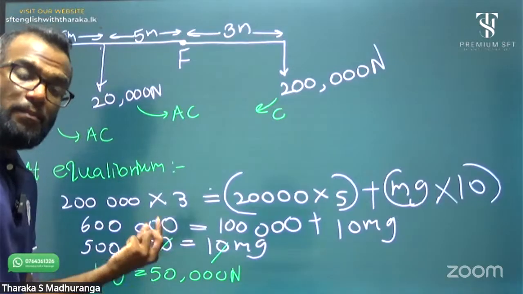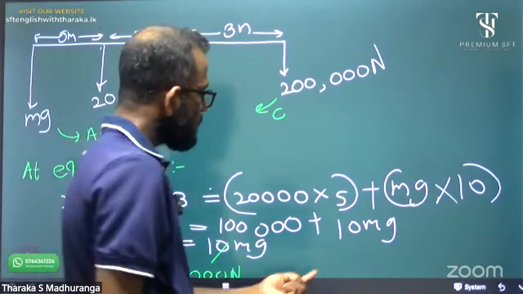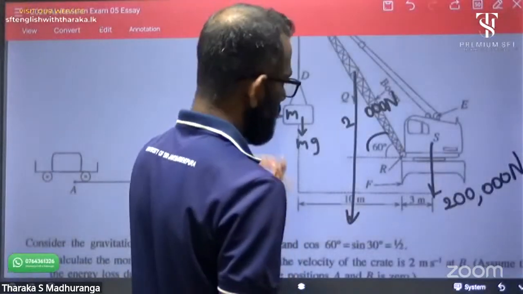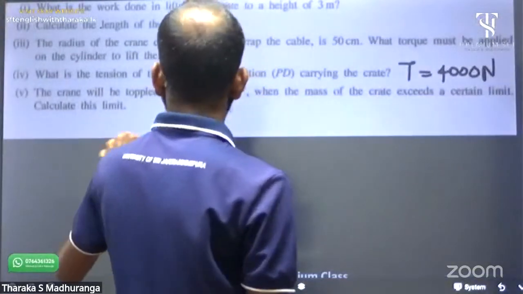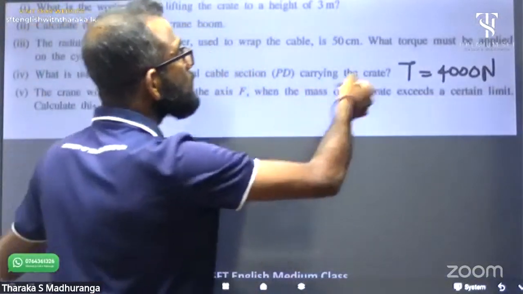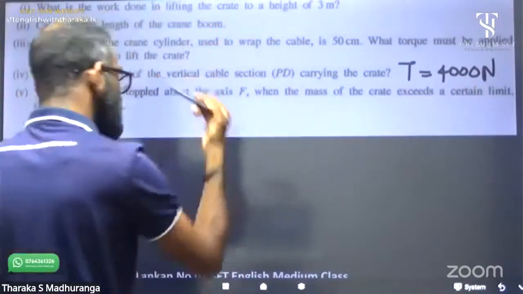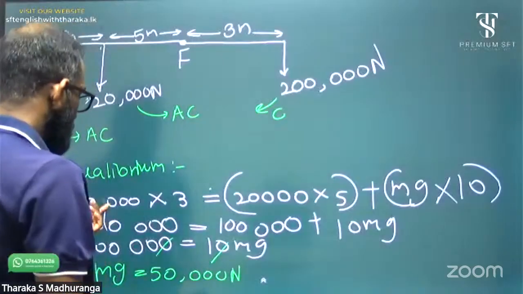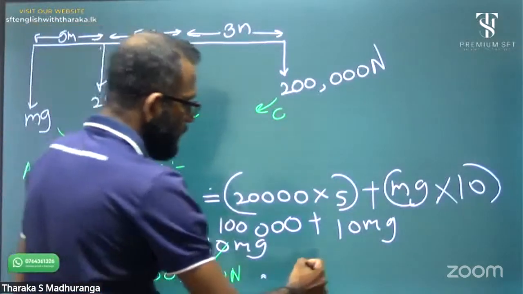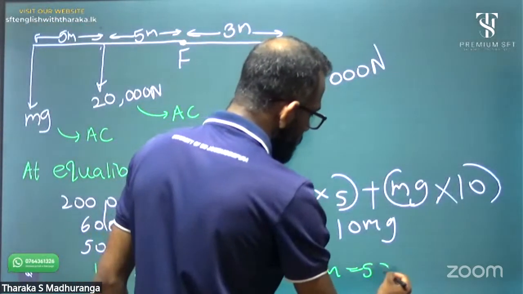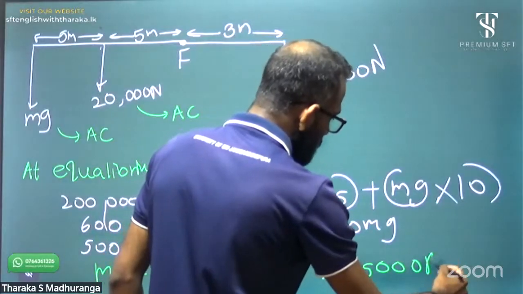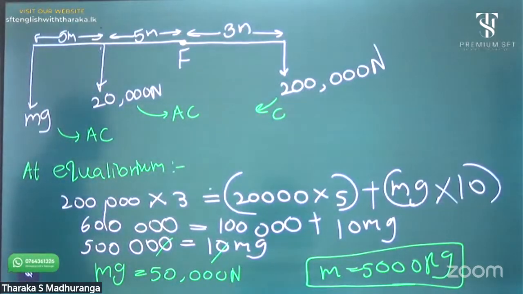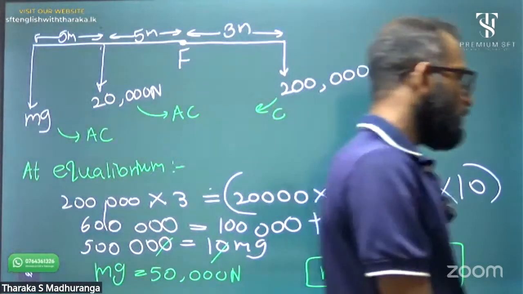But the question asks for the mass. With gravitational acceleration 10, weight mg equals 50,000, which means m equals 5,000 kilograms. Okay, I got the answer, 5,000 kilograms.